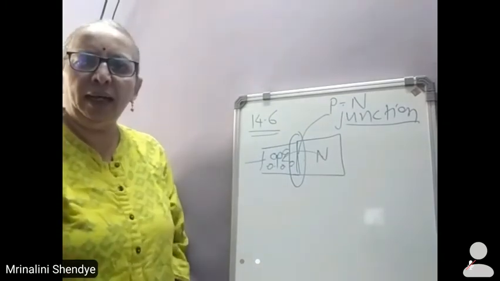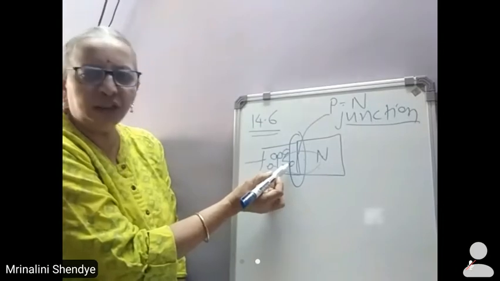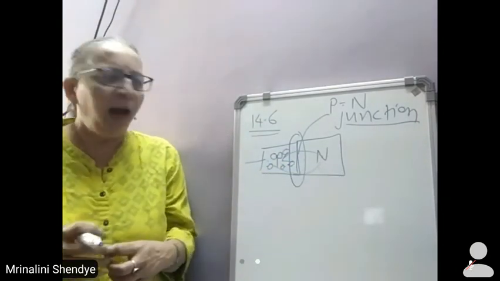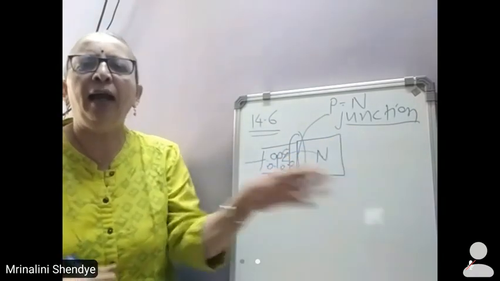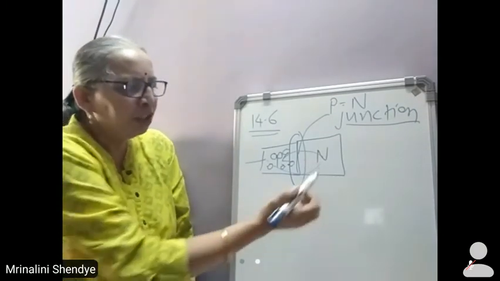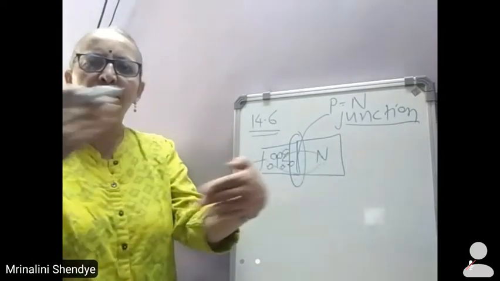So what happens that time? You get migration of charge carriers through this junction when these two regions are joined. At the joint contact, you get junction, and whenever junction is formed, immediately charge carriers from both regions diffuse.